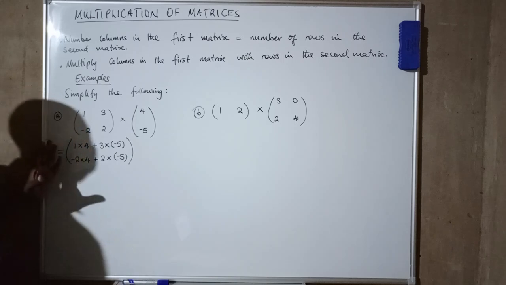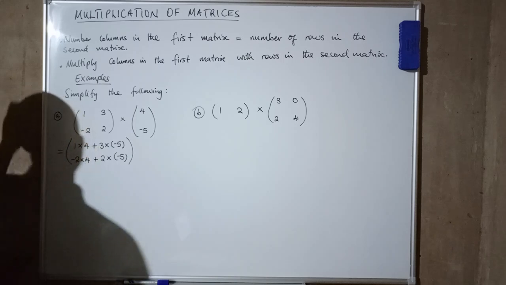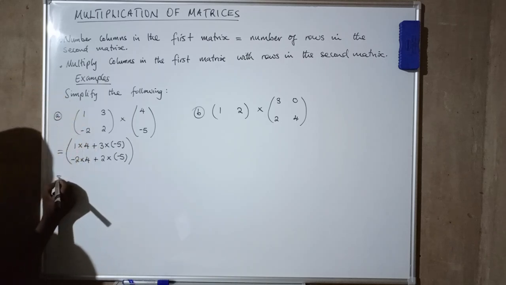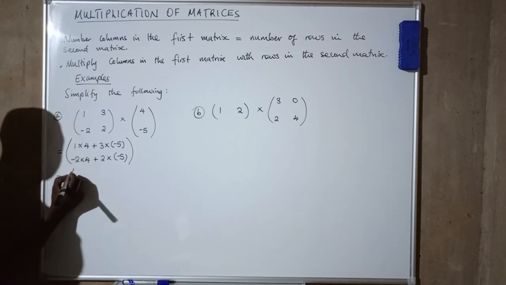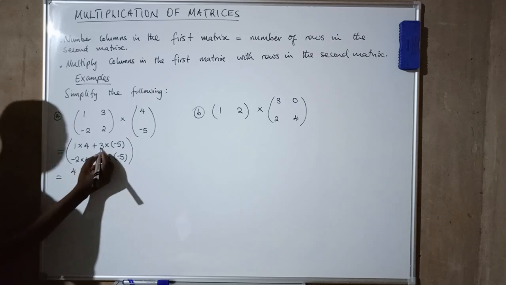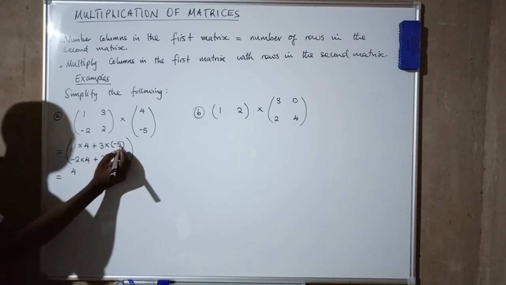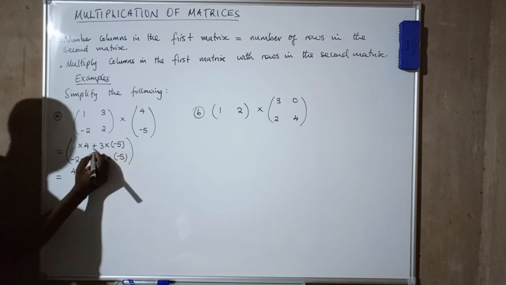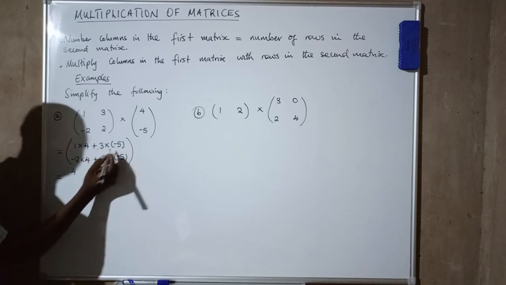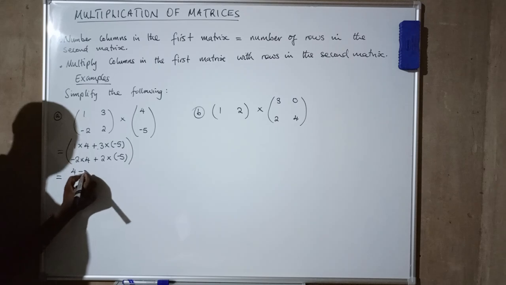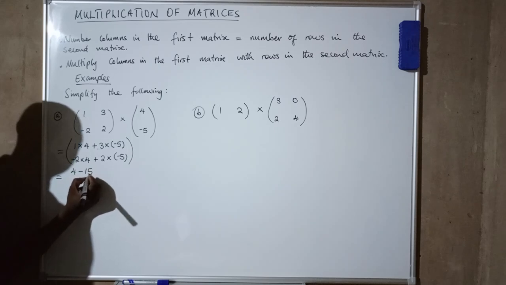So this is step number 1. Then step number 2, you say 1 times 4, which will be 4. Then positive 3 times negative 5, which will be negative 15. So you put negative 15 there.